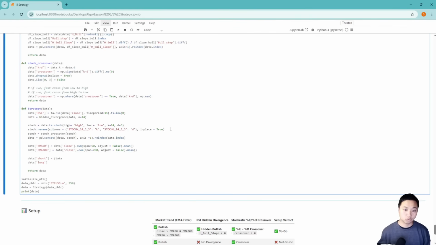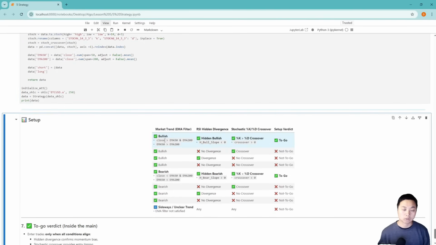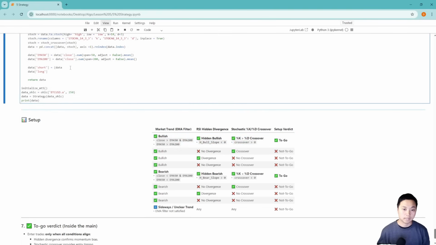If you still remember, you can simply refer to this table. The closing price has to be larger than the EMA 50 and the EMA 200, and the EMA 50 also has to be larger than the EMA 200. That is a bullish market, and in that market we will have long-only trading.